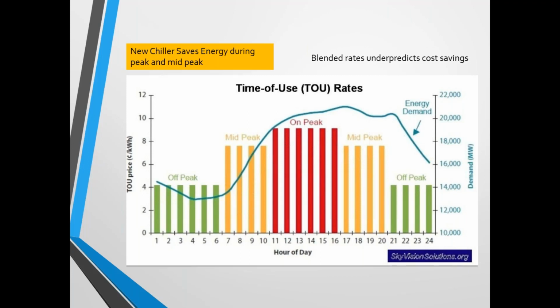So blended rates doesn't work for you that way either. There are certain rules of thumb, and they're not always right, but this is one of them. With tiered rates, blended rates is going to overestimate savings. With time of use, if you're cutting demand, then it's going to underpredict cost savings.